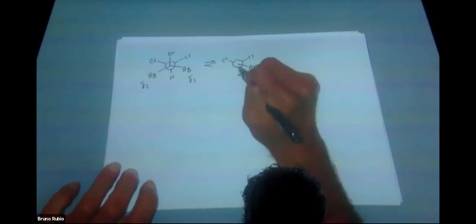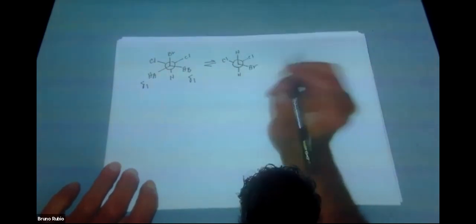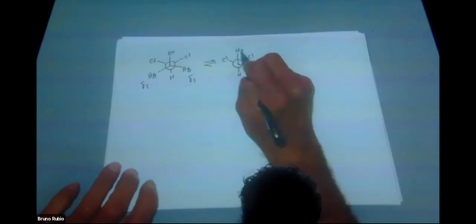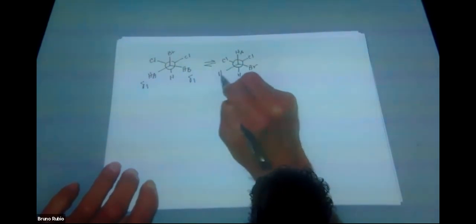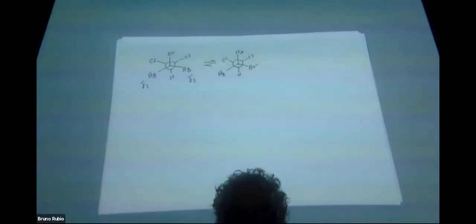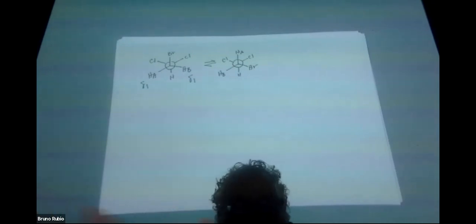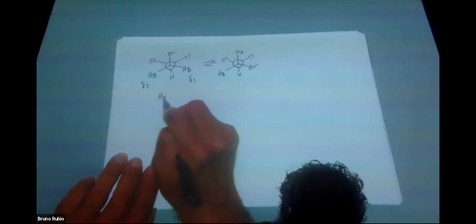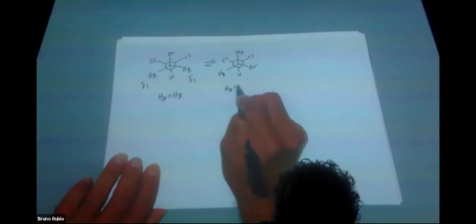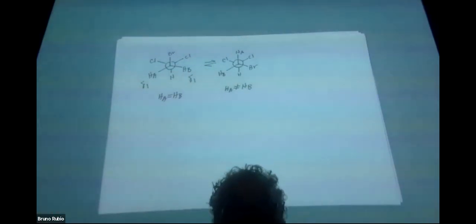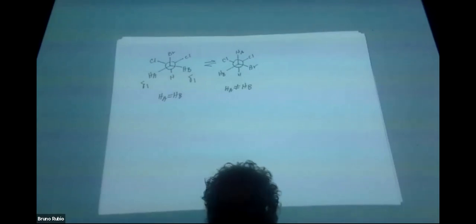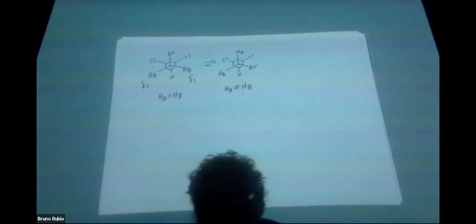The bromine has shifted down here to 4 o'clock, HA has come up to 12 o'clock, and HB is now at 8 o'clock. Now the symmetry has been broken. HA and HB are no longer related by any kind of symmetry element.